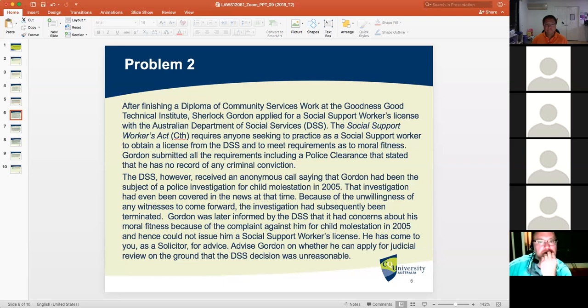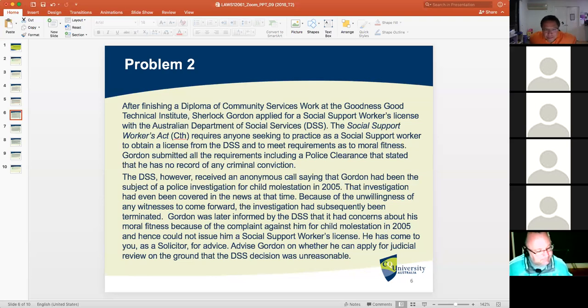Gordon was later informed by the DSS that it had concerns about his moral fitness because of the complaint against him for child molestation in 2005, and hence could not issue him with a social support worker's licence. He has come to you as a solicitor for advice. Advise Gordon on whether he can apply for judicial review on the ground that the DSS decision was unreasonable.